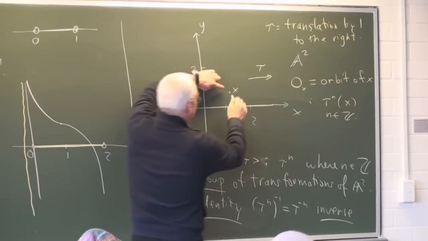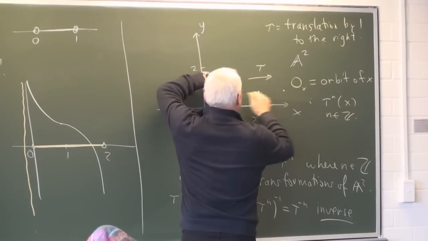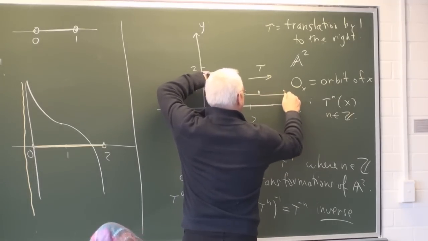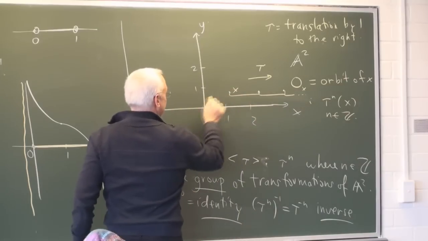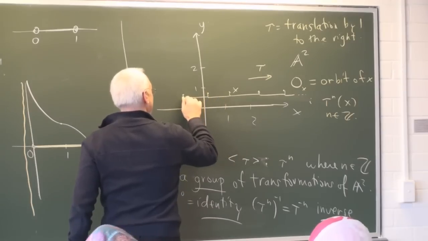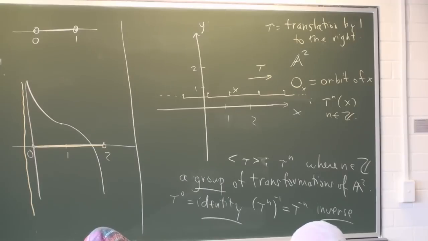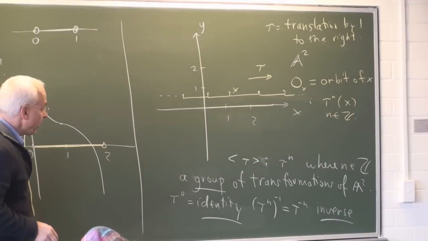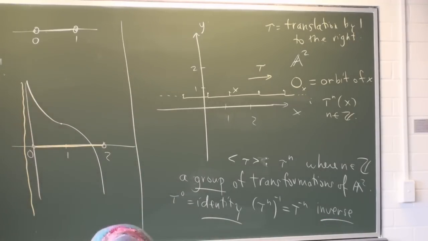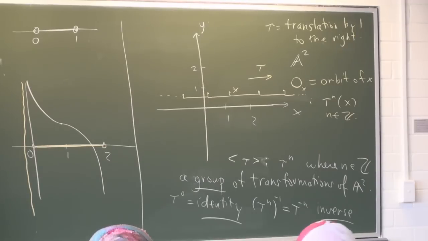And what does it look like in this case? Well, it just means you can translate it by 1 over here, and then by another 1, and keep going. And you can also translate it to the left. So that's what the orbit of x looks like. And now in this picture, the cylinder is visible as the collection of all orbits.